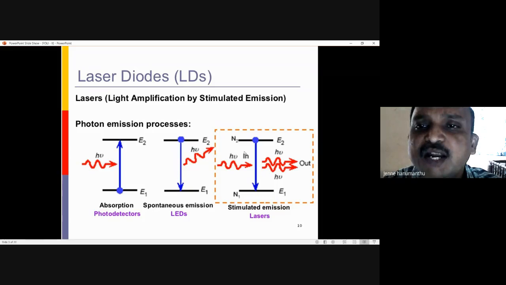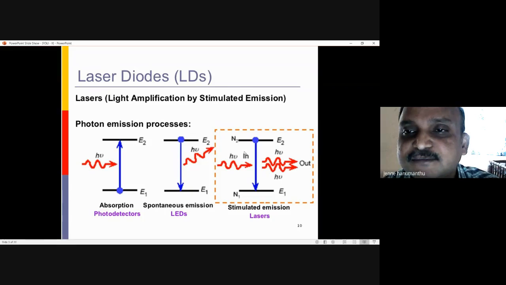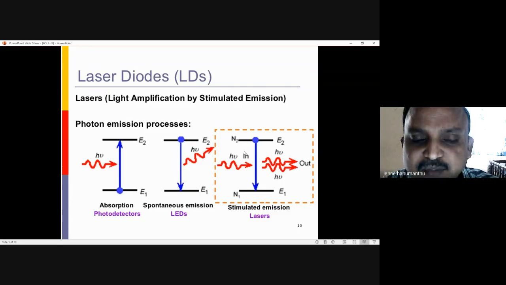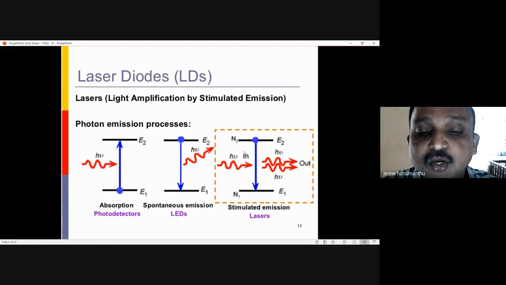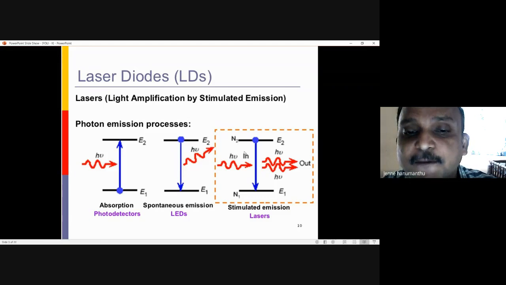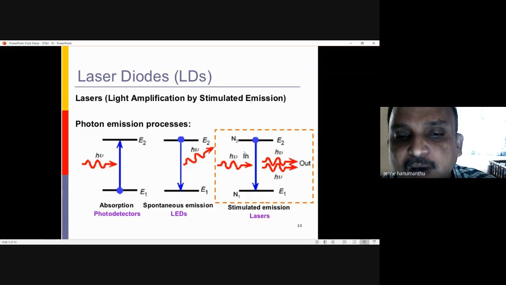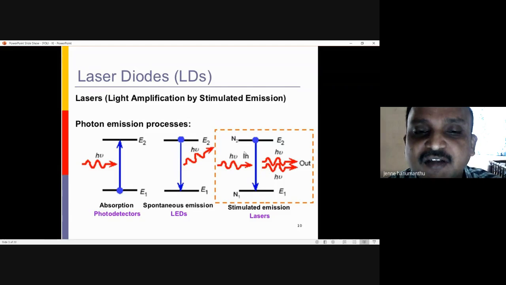But who can provide that external energy? We have to provide some external energy to the material, so that by taking that external energy, the atoms in the high energy state are pushed down to E1, and we expect high h nu as output, which is the required radiation from the laser.